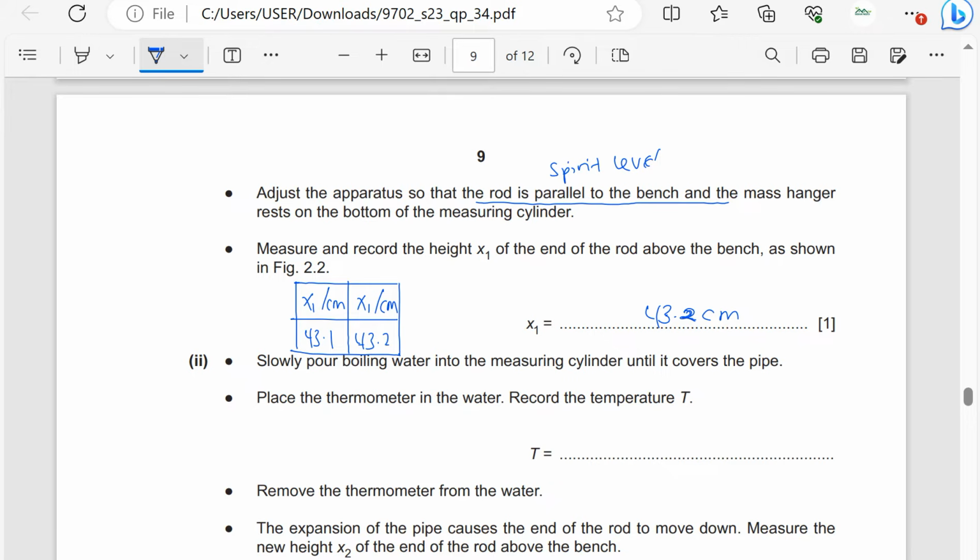Then slowly pour boiling water into the measuring cylinder until it covers the pipe. Be careful when you are dealing with boiling water. Place the thermometer in the water and record the temperature. My student placed the thermometer in the water and she recorded 67 degrees Celsius.